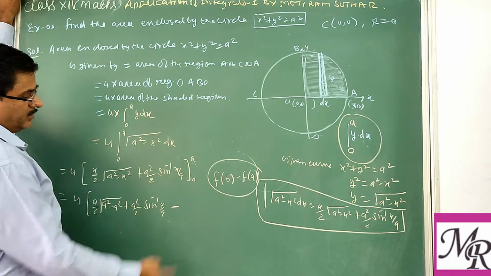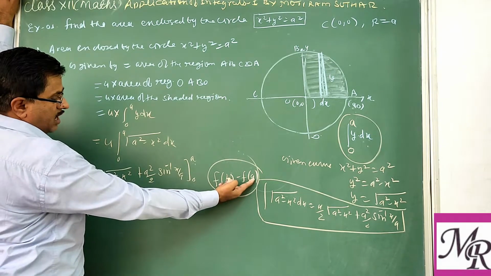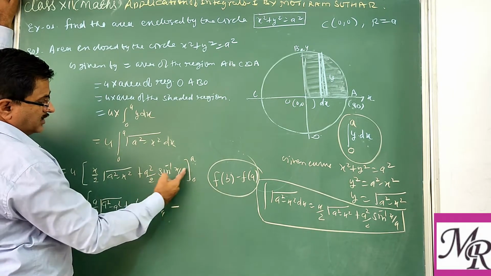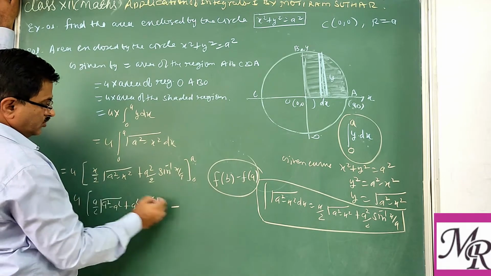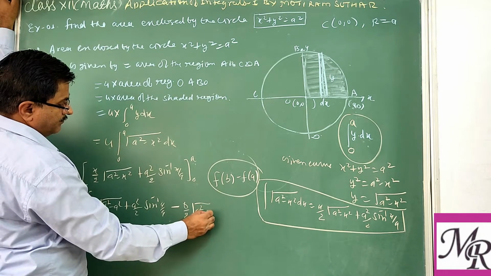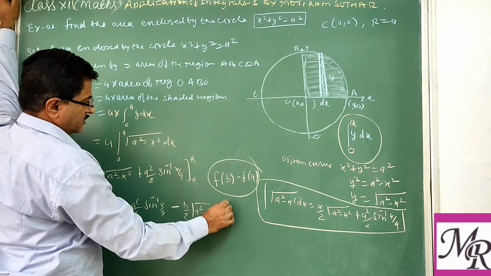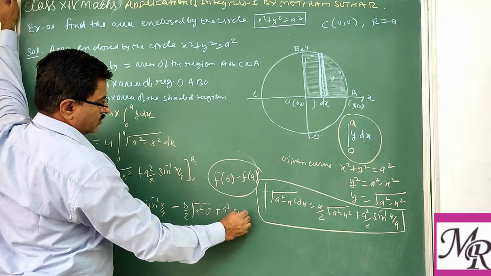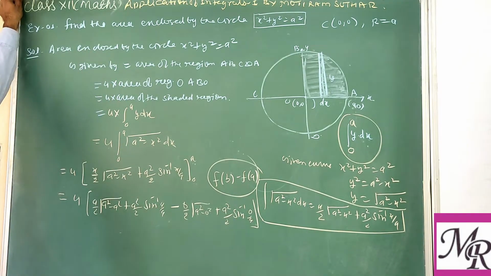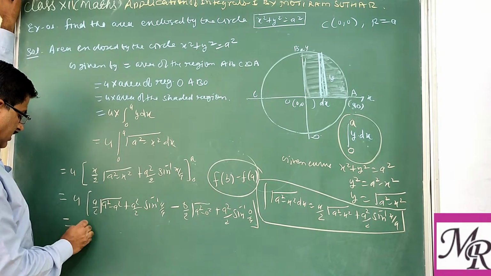This is the upper limit minus the lower limit, F(b) minus F(a). So all x replaced by 0: 0 into something, that is 0, plus a square by 2 sin inverse 0 by a. So this is the fundamental theorem of calculus.